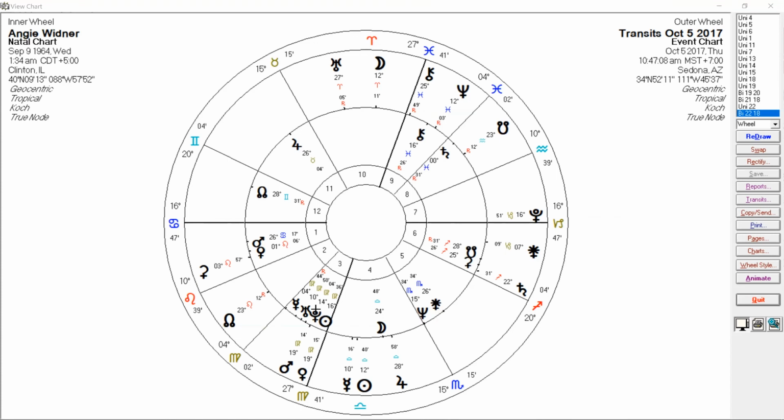Because the fact that you're born under a Mars-Venus conjunction means that you are going to be immediately responsive to that cycle. So all of us are, but those who are born with it are more so.